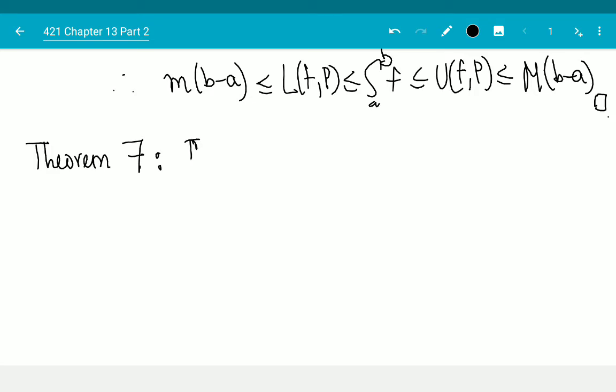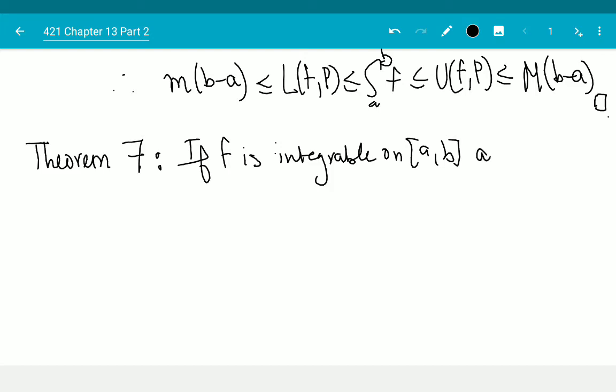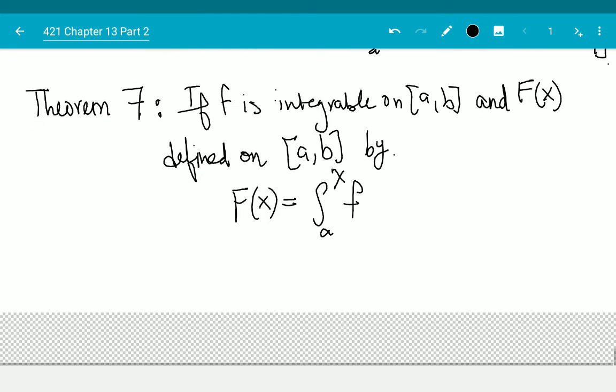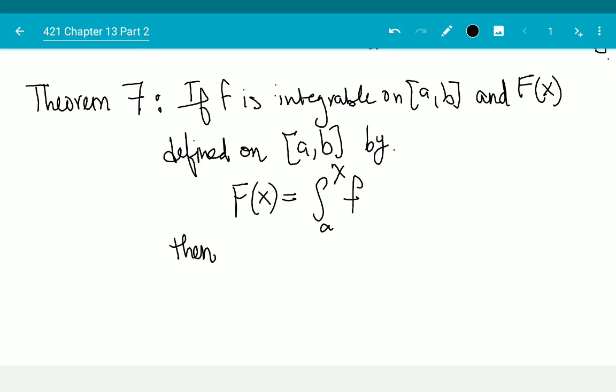If f is integrable on a to b, and capital F of x is defined on a to b by capital F of x is equal to the integral from a to x of f, then the best I am saying right now is F is continuous on a to b.